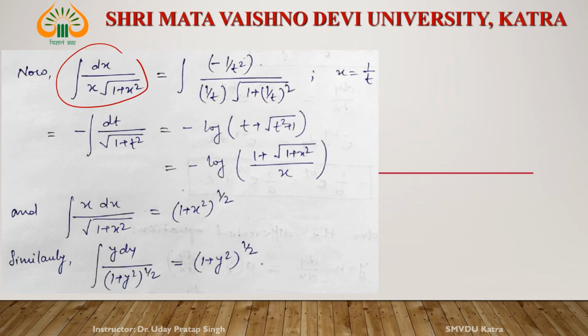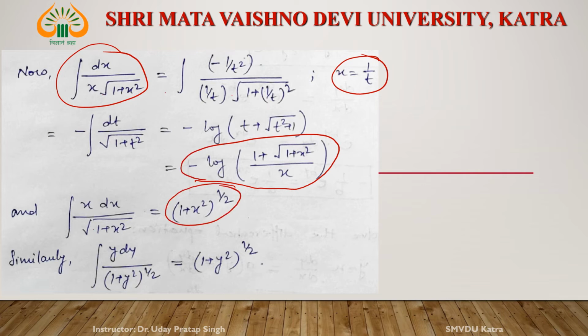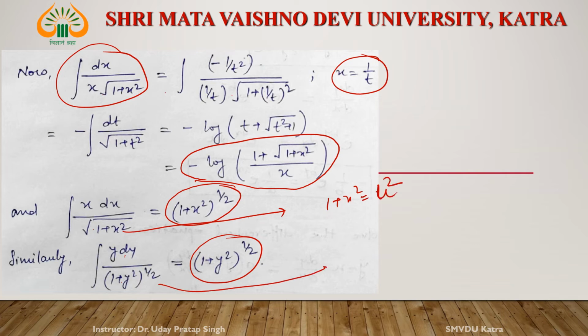In this term x is equal to 1 by t, and solve it. This one is integrable and the integral is this. Similarly, this is integrable, and this one is integrable. After applying the transformation 1 plus x square equal to u square and 1 plus y square equal to u square, y dy is equal to u du.